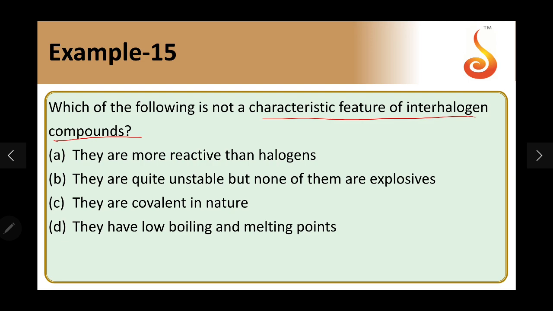So compared to inorganic compounds which are salts, the completely ionic compounds, these are having relatively lower boiling and melting points because the covalent nature is there for the bonding in the case of interhalogen compounds. So except B, all others are characteristic features of interhalogen compounds. So the option should be B.